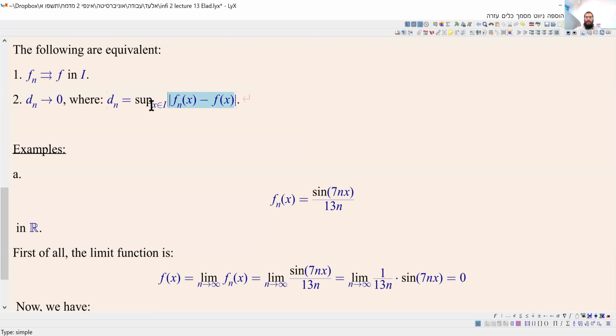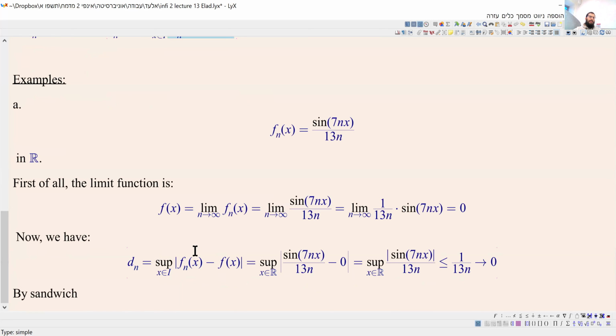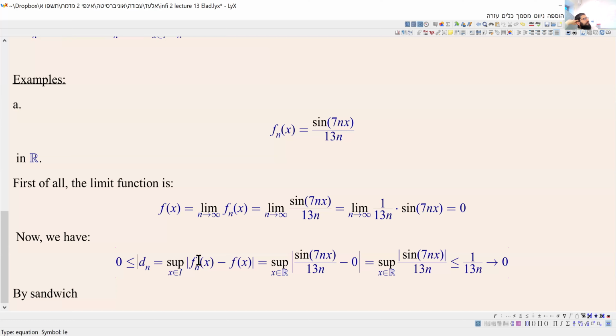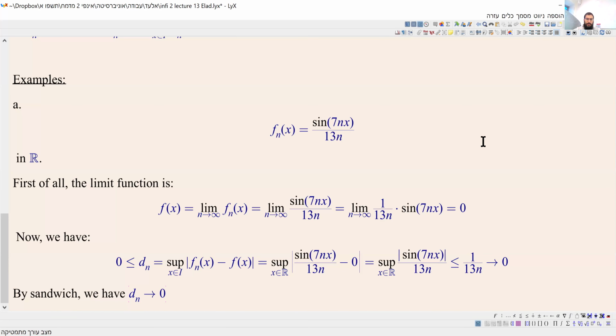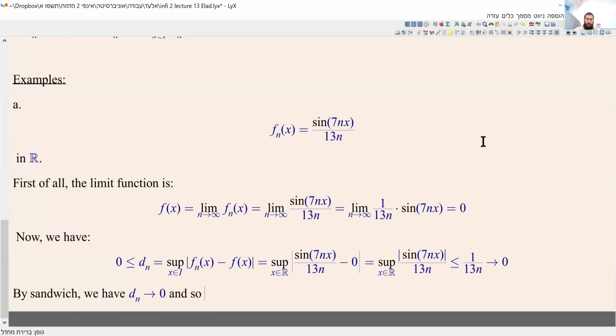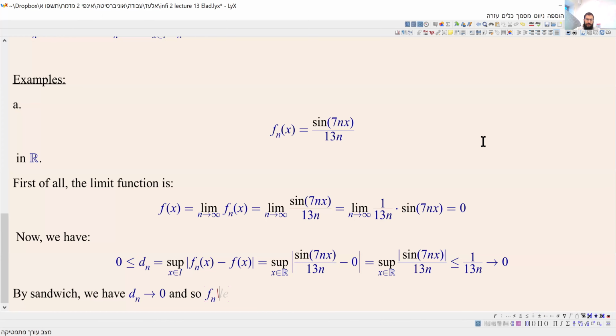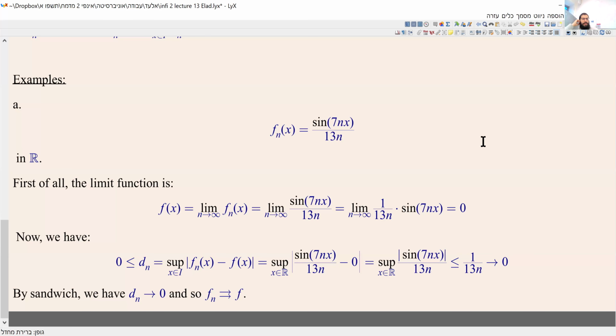It's the supremum of something in absolute value. So you always have 0 on your left side. If you want to show that dn goes to 0 by sandwich, you only need to find something bigger that goes to 0 as well. By sandwich, dn goes to 0, and so fn converges uniformly to f in R, the real numbers.